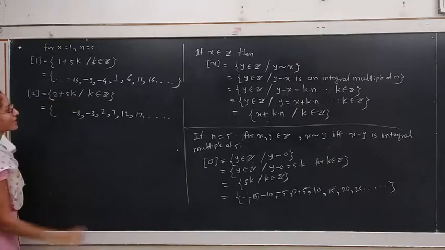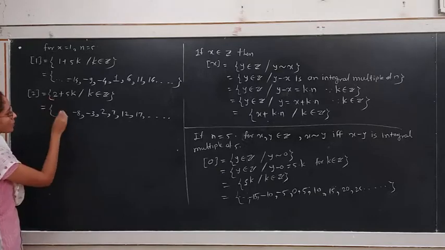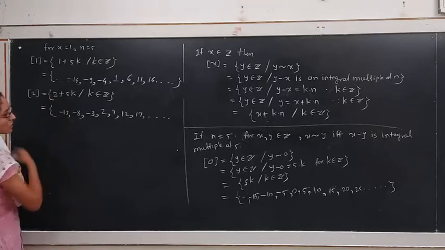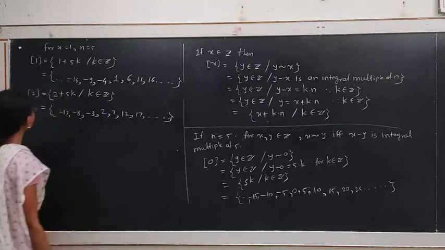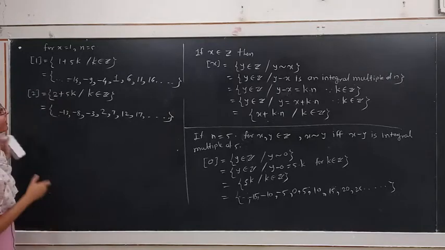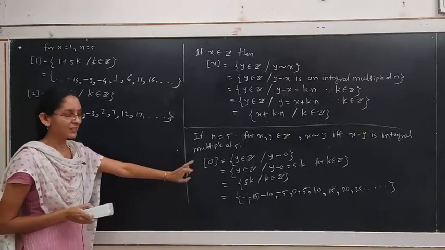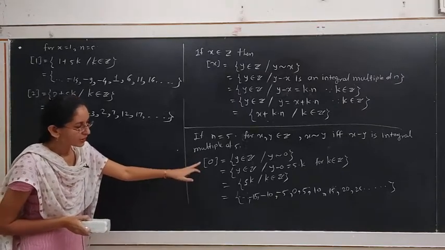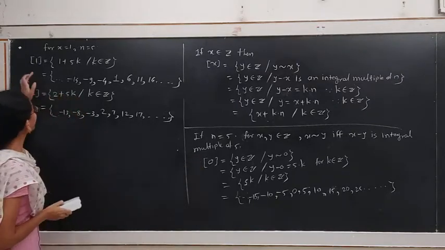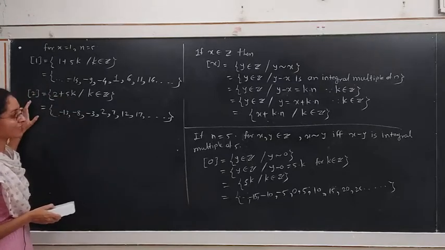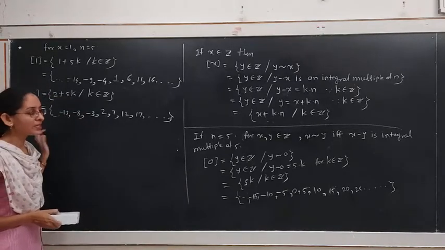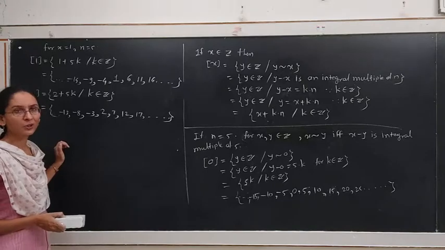For k equal to minus 3, minus 15 plus 2 is minus 13, and so on. This is the equivalence class of 2. See, all the elements of the equivalence class of 0, 1, and 2 are distinct, meaning all these classes are disjoint.